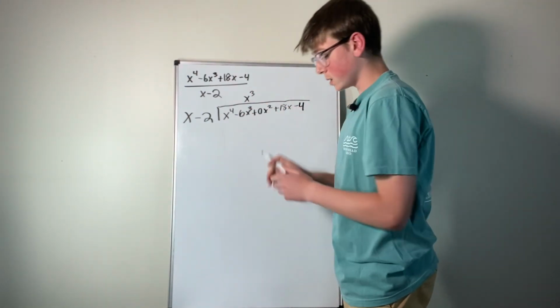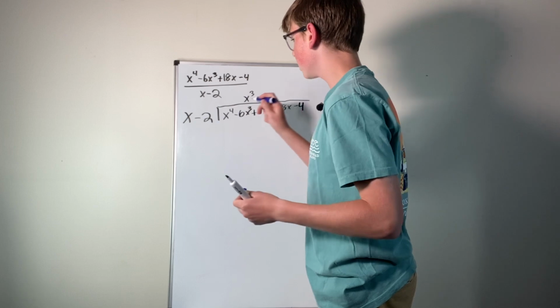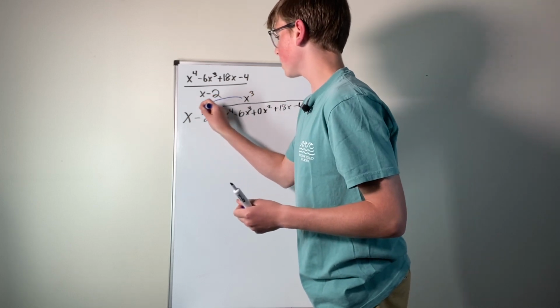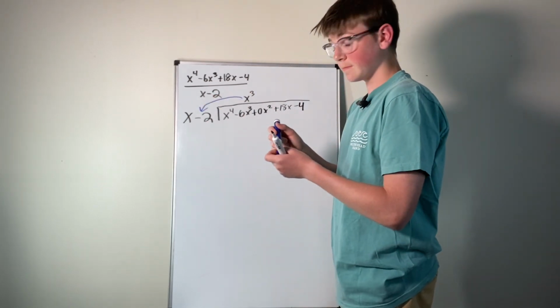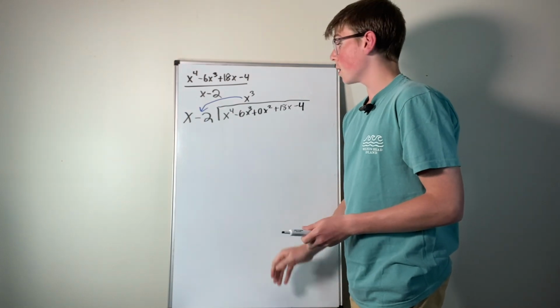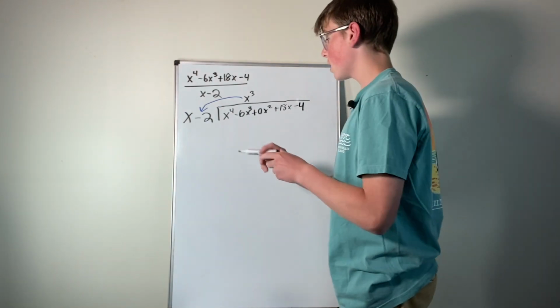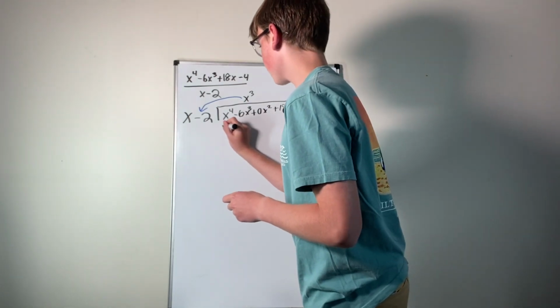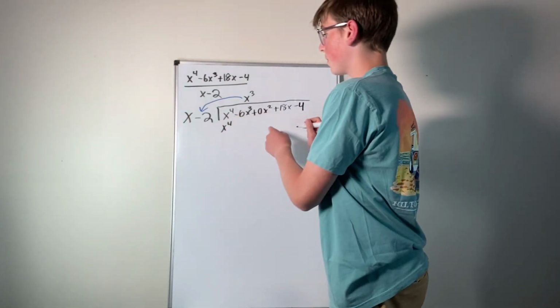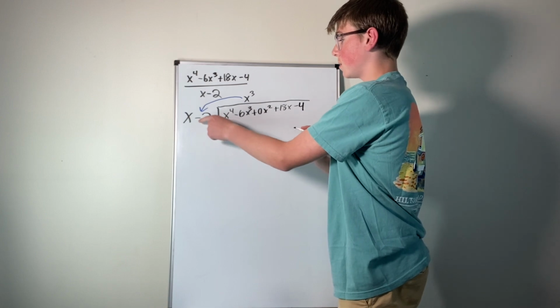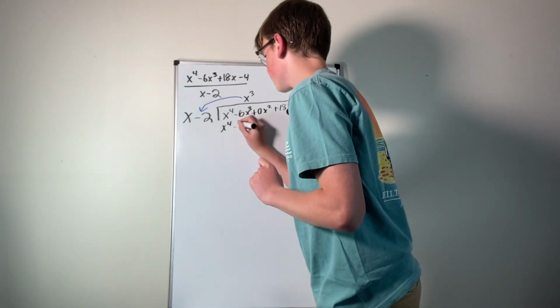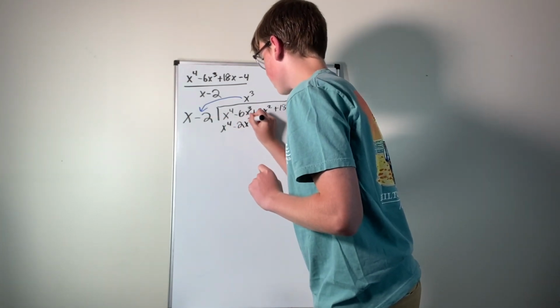And what we do is we will take this x cubed and multiply it to this x minus 2. So x cubed times x minus 2 is x to the fourth, and then x cubed times negative 2 is minus 2x cubed.